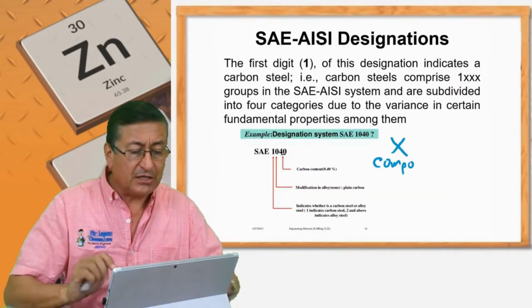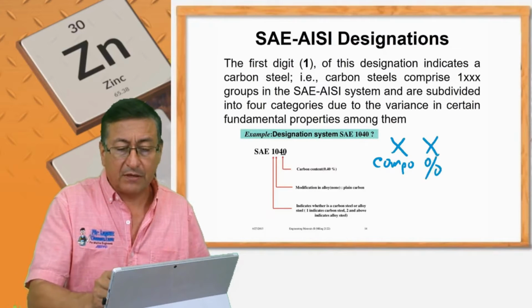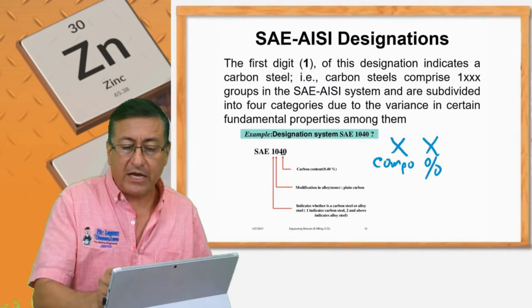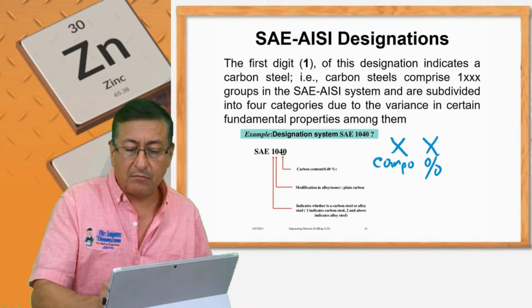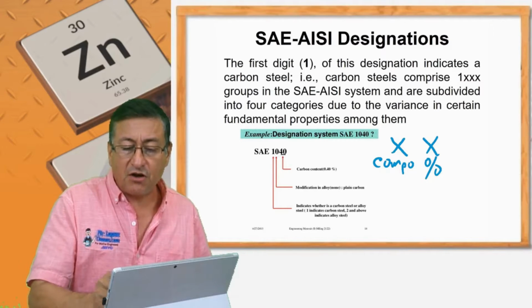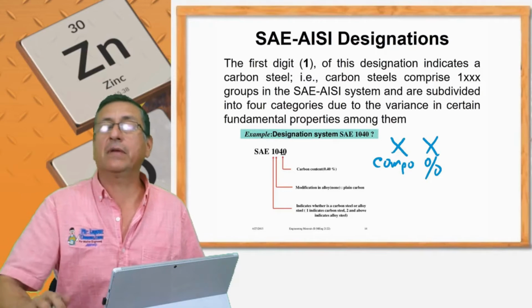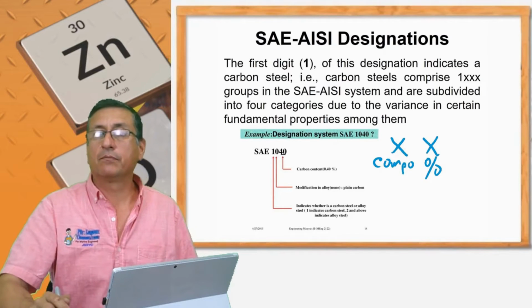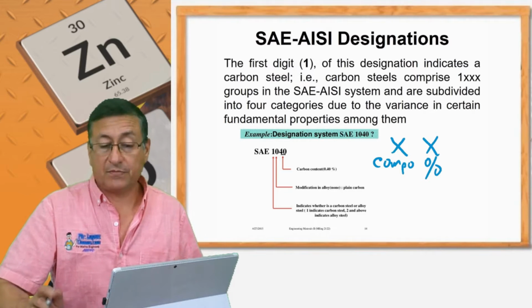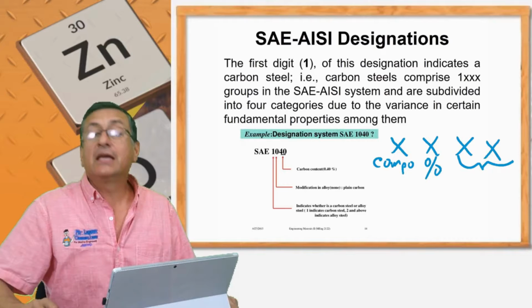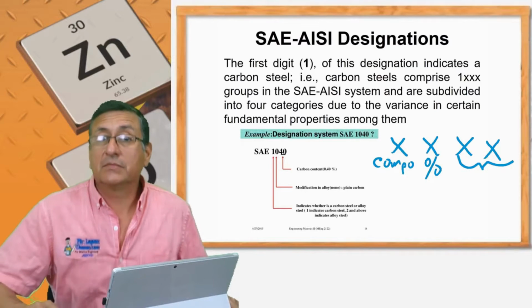The second digit is the percentage of that element, of that main component in the alloy. And the last two digits are the content of carbon in percentage.